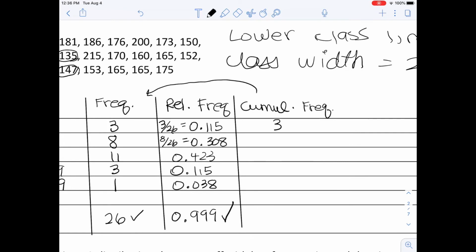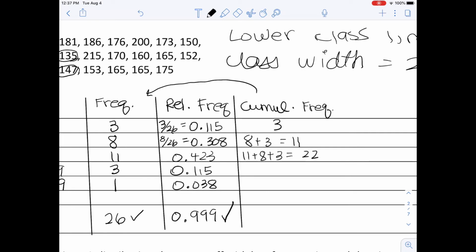The next one is an 8. So I'm going to go ahead and add 8 plus the ones before it, which is adding 3. So we get a total of 11. The next one, I'm going to take my class frequency, which is 11, and add up all the ones before it, which is adding up the 8 and the 3, and we get 22.